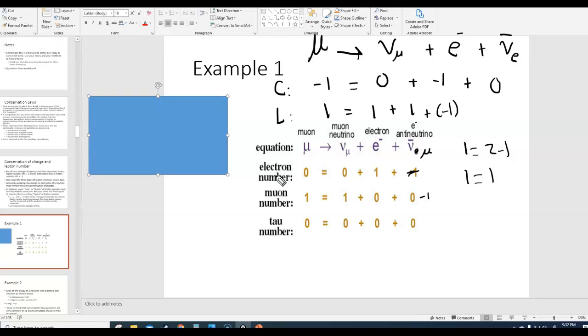And then this reaction would not be feasible because this equation would then be 0 equals 0 plus 1, and 0 is obviously not equal to 1. And plus it would also violate muon lepton number because then we would have 1 equals 1 plus -1, and 1 does not equal 0.